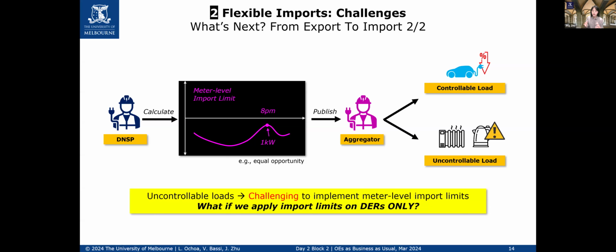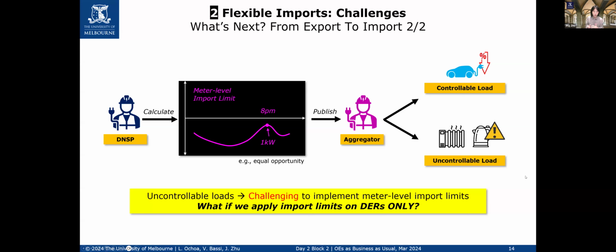However, just bear in mind that this meter level import limit is calculated to ensure the distribution network integrity. So in this case, since those unmanageable loads are exceeding the limit, we cannot ensure that the distribution network integrity can still be managed. So there is a challenge to implement these meter level import limits.